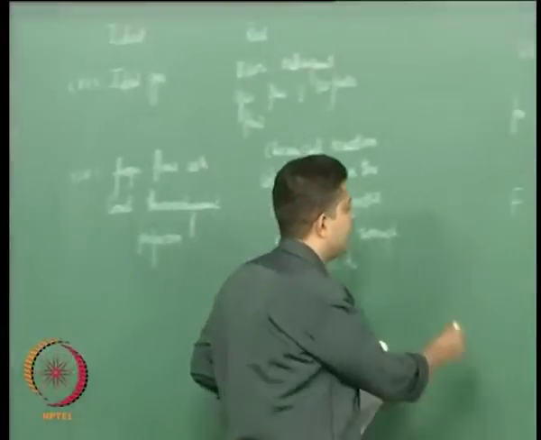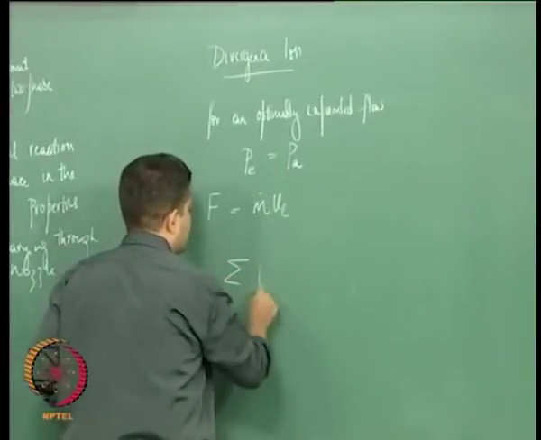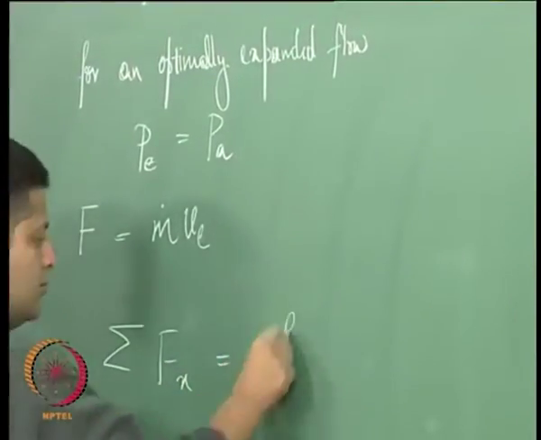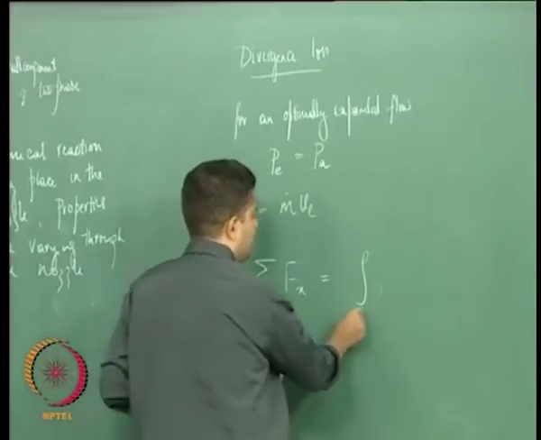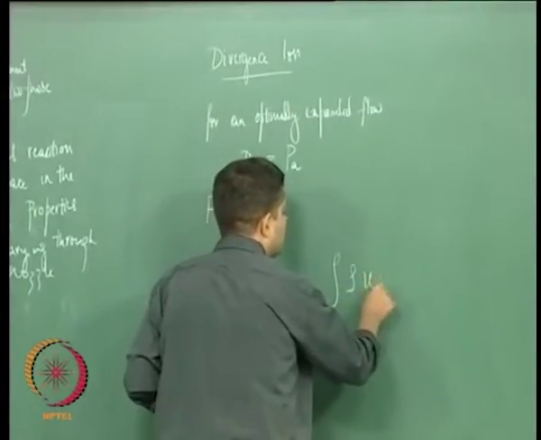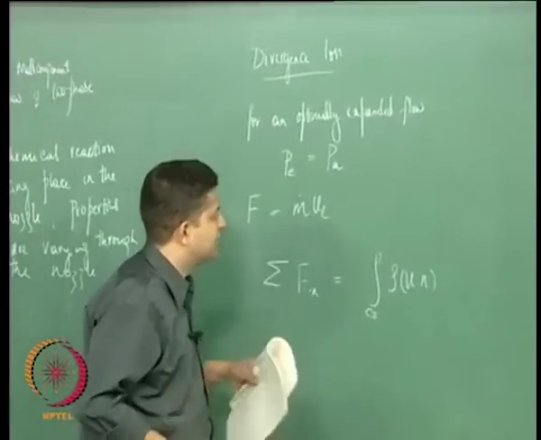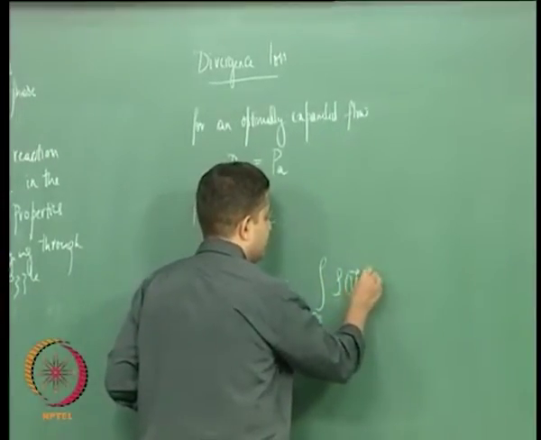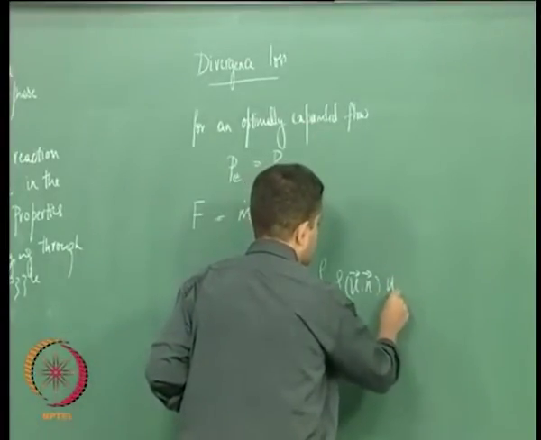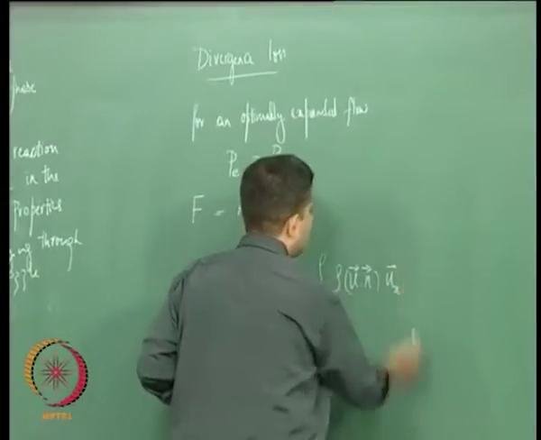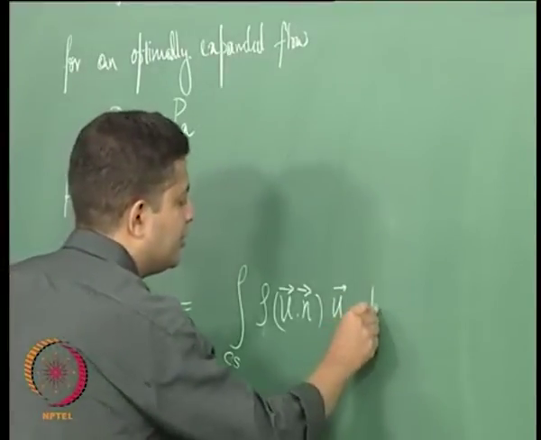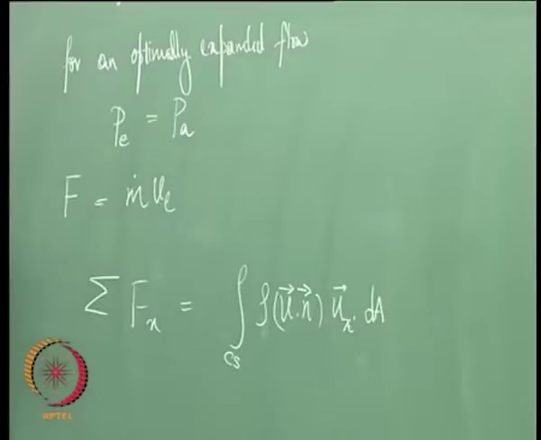So, if we take the sum of all the forces in the x direction, I can write this as integral over the cross sectional area rho into u dot n, where n is a unit vector, into u x, which is the velocity in the x direction, into dA, the surface area.